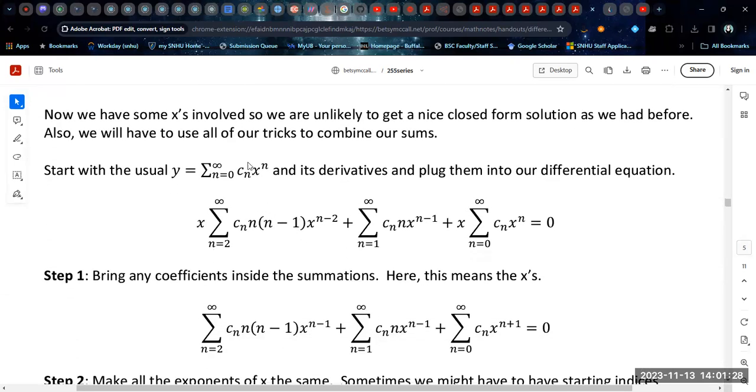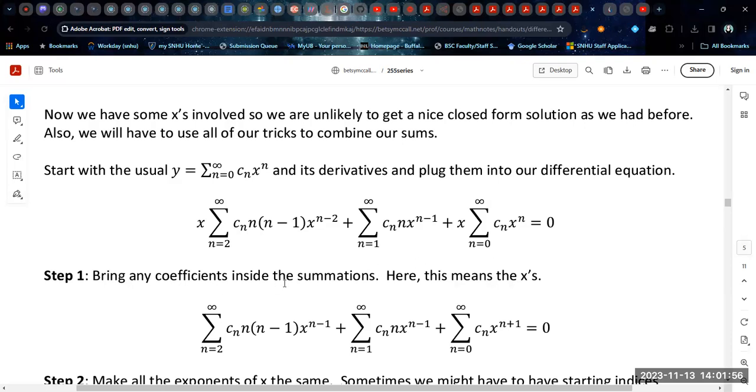So same thing, since we're centering it at 0, our same assumption is made, that y is equal to this power series, and then we take our derivatives that we solved earlier, our first and our second derivatives, and plug them into our differential equation. So x times our second derivative plus our first derivative plus x times our no derivative, just our original y function.